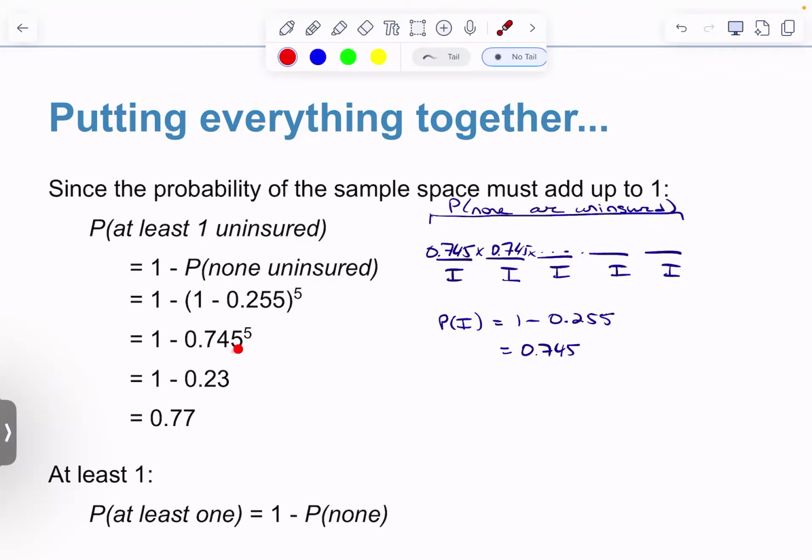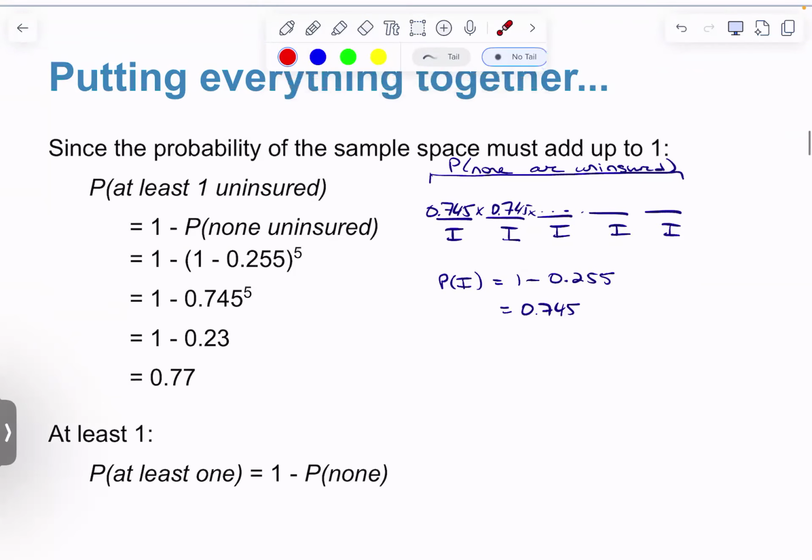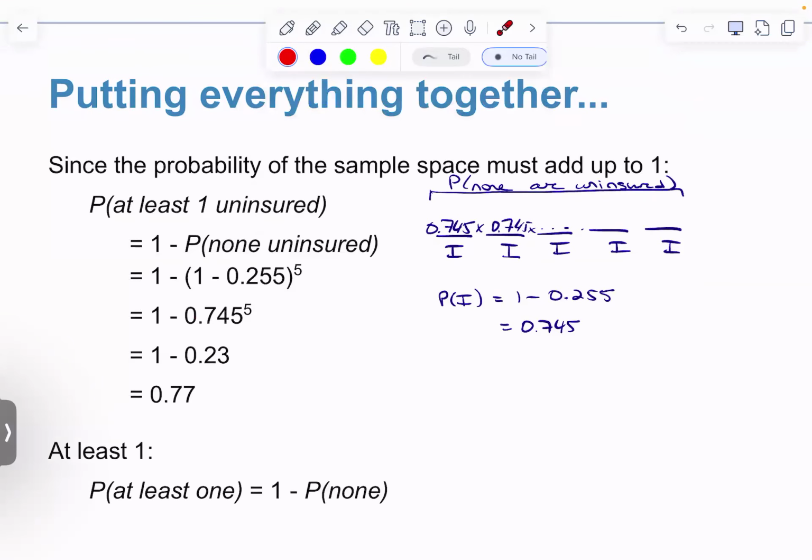Once I find that power, I can subtract it from 1. I'm sure she's done some rounding. She's pretty sloppy with her rounding. And so 0.77-ish is the probability that at least one is uninsured.